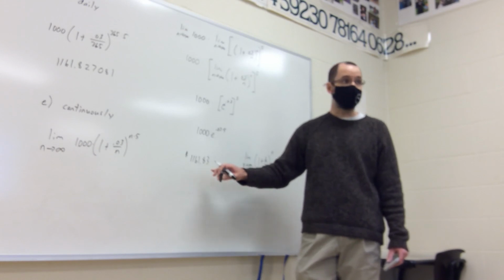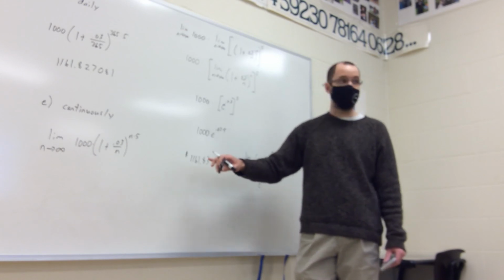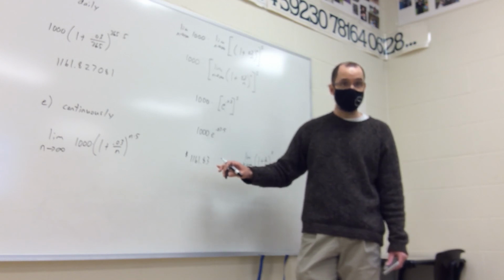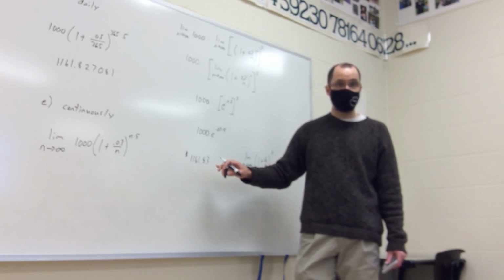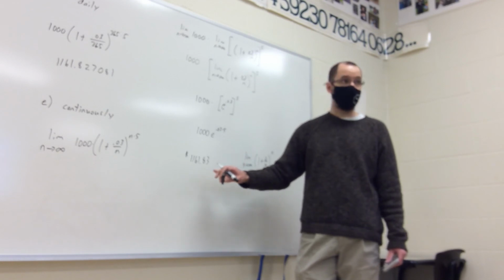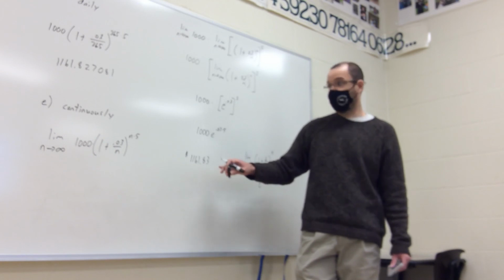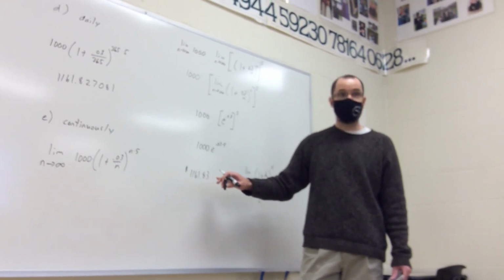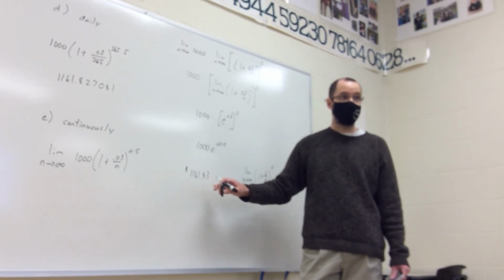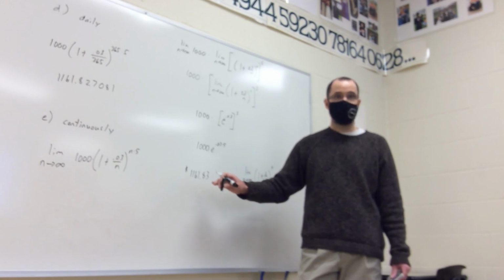Okay, so in the past you learned how to do compound continuously, but you didn't know what a limit was. So now it's important that you do it the limit way. Because this is a calculus class, and this is the only calculus so far in this lesson, right? So make sure you're doing calculus instead of some other thing.